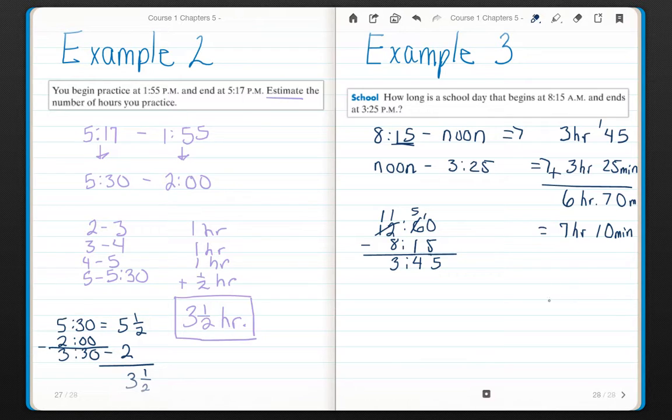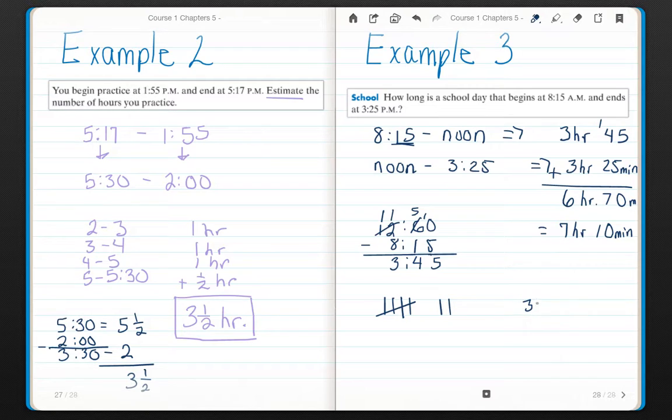Your other option is to count up. 8:15 to 9:15 is 1 hour. 9:15 to 10:15. 10:15 to 11:15. 11:15 to 12:15. 12:15 to 1:15. 1:15 to 2:15. 2:15 to 3:15.